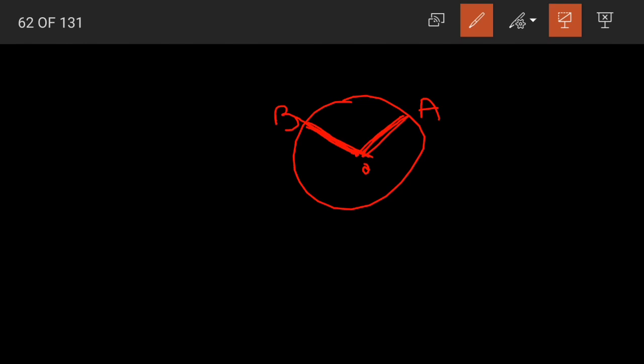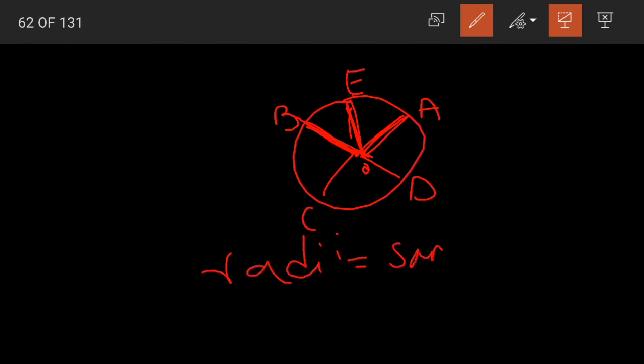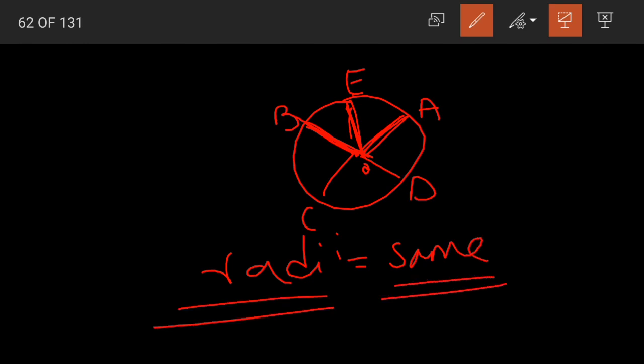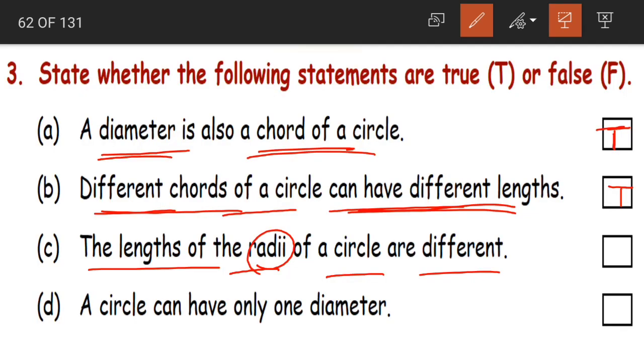The property of a radius is that no matter which one you take, OA, OB, OC, OD, you can join the line segment from the center to any point on the circle. So all the lengths of the radii will be the same, children.